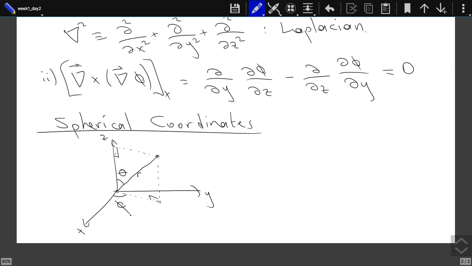So that is how I define the theta and phi angles. And once I tell you the r, theta, and phi coordinates of an event, you know exactly the position of that event. And these, r, theta, and phi, are the spherical coordinates of a point.